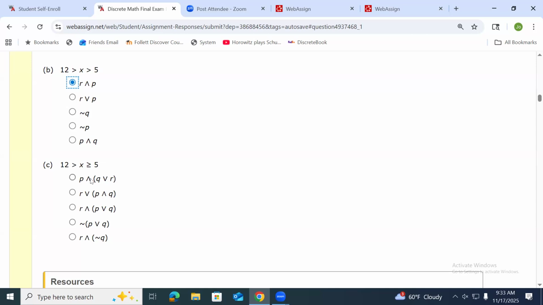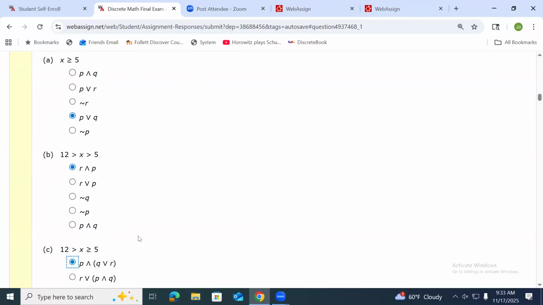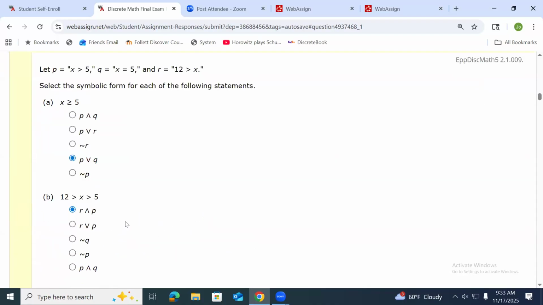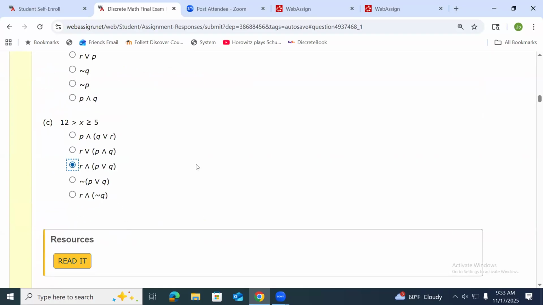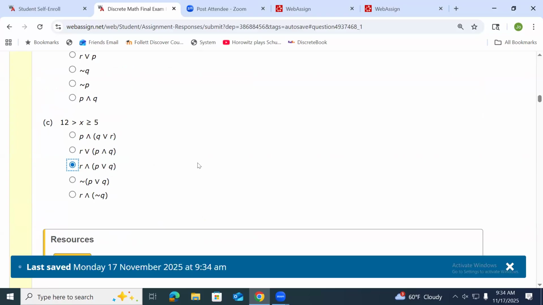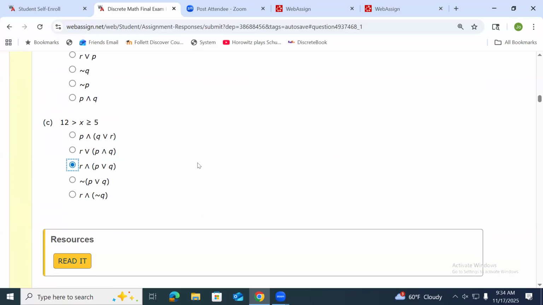So it's R first, and then the and. R means the 12 part of it, and then and in parentheses, P or Q. Because if you don't have these parentheses there, it will not mean this group together at once. So it means 12 has to be greater than X, and then in parentheses, the whole thing has to be true that P or Q is true. So that's cool.